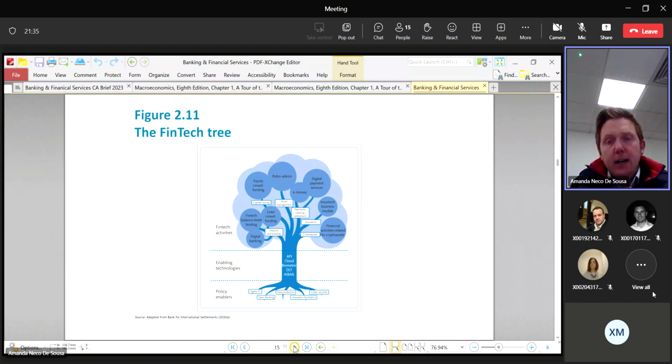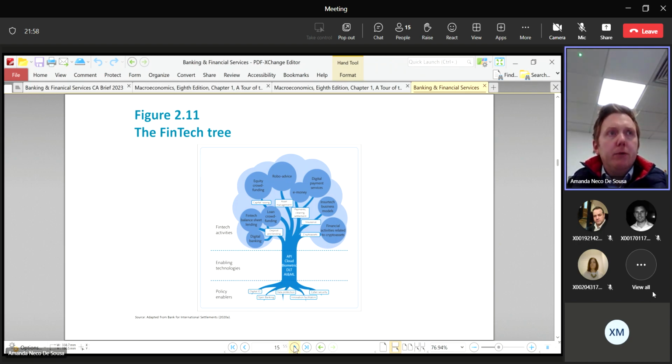These fintech activities are often facilitated by enabling technologies like artificial intelligence, which is very in vogue and in the news a lot at the moment, in the middle of the tree. So you might think, for instance, a robo-advisor at the top of the tree provides financial advice, but with limited human intervention.